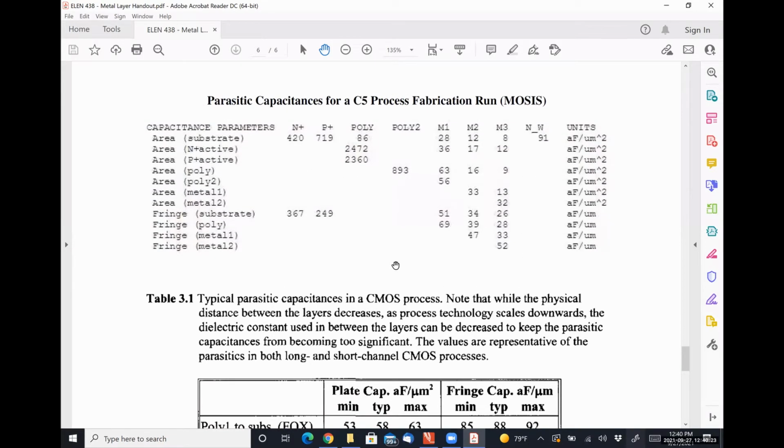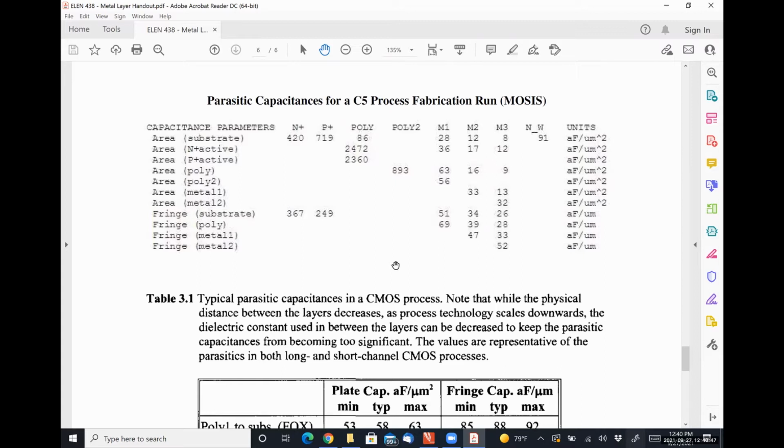I don't know for sure, but I think the reason is that the poly 1 layer and the poly 2 layer are so physically close to each other, only tens of angstroms away, that the area capacitance is overwhelmingly larger than the fringe capacitance.